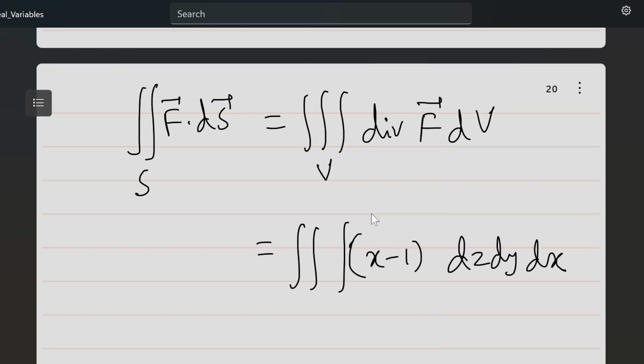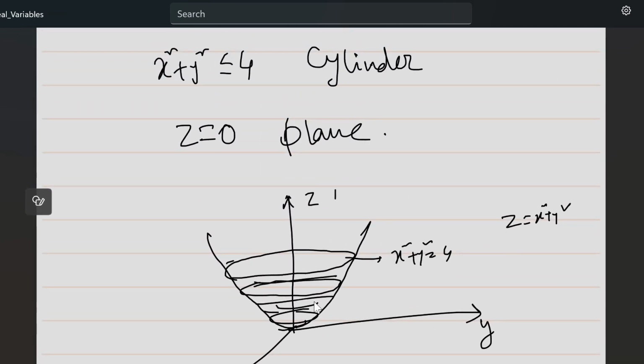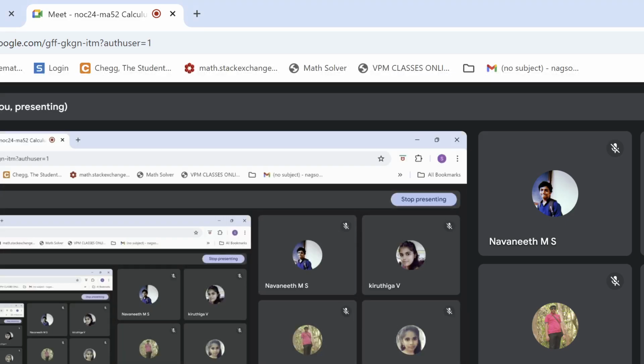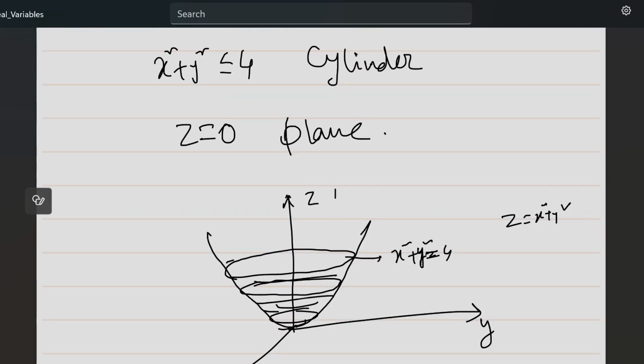Now tell me what is your plan, how will you give the limits of these integrals? Any idea?